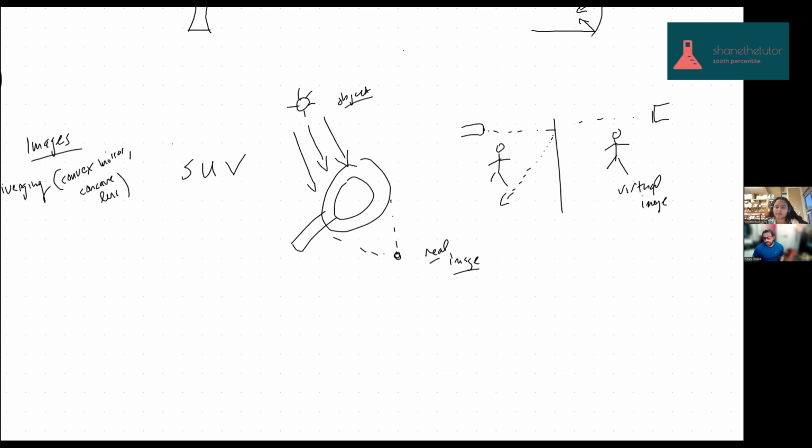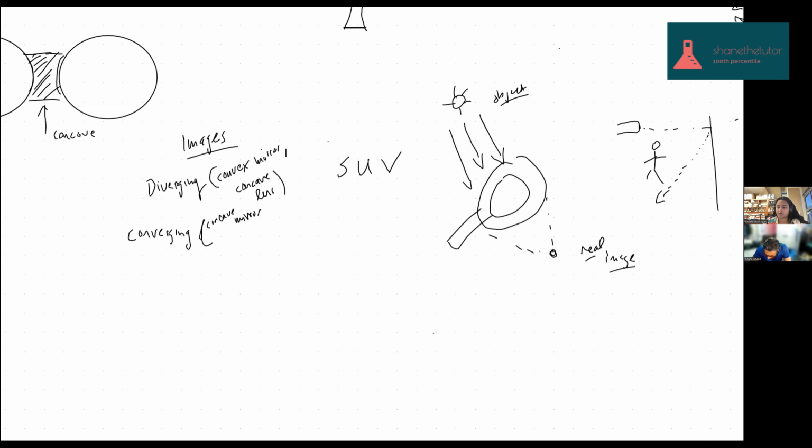But if it's converging, which means it'll be a concave mirror or a convex lens, the type of image depends on object distance. So let's go into that.